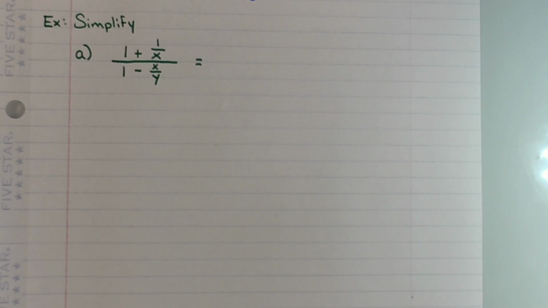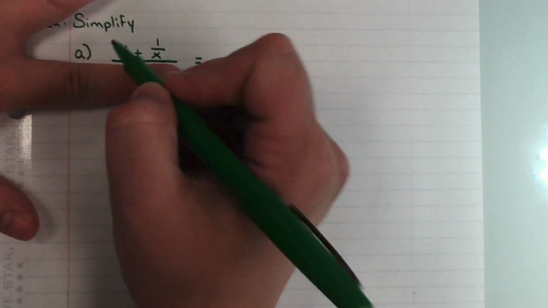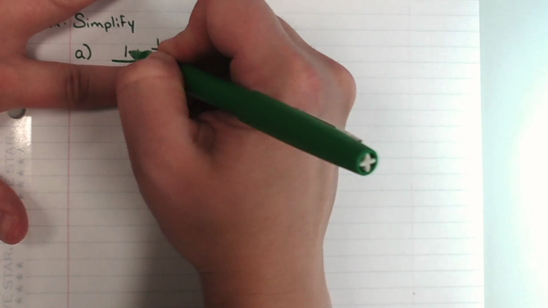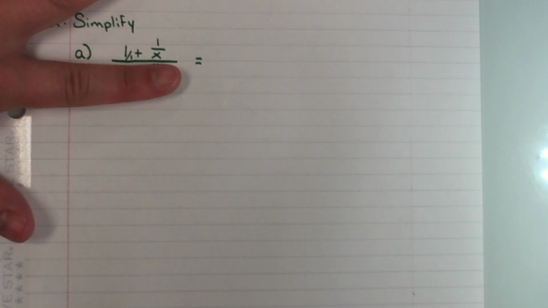If it did, I would have to. Okay. So instead, I need these 2 things to have a common denominator. Remembering 1 is just over 1. And our common denominator would be x. How do I get 1 over 1 to become something over x? Multiply the top and the bottom by x.